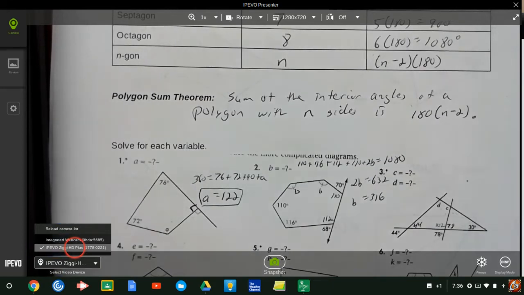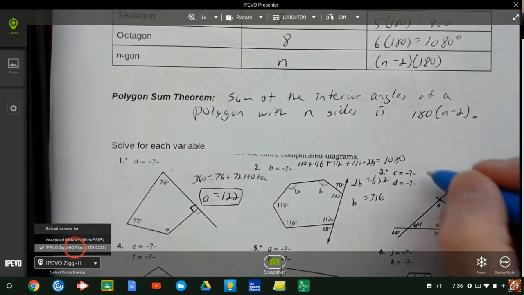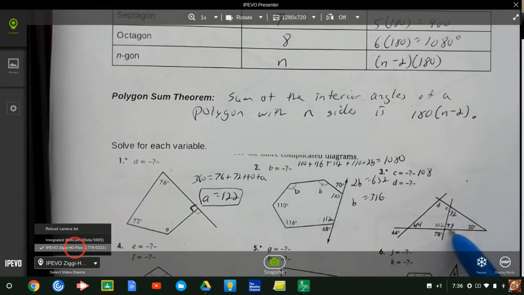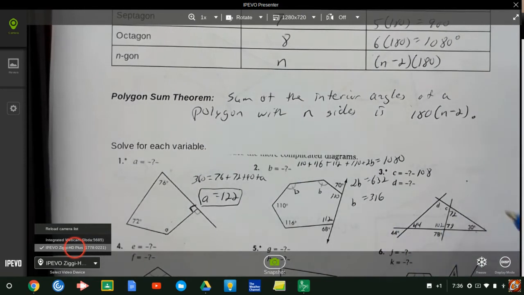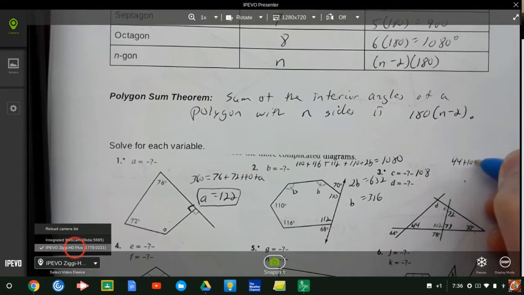When I take that from the 180, I get 72, which actually should have been easier because it's now an exterior angle. So C is 108, 78 plus 30, which means that my quadrilateral is 44 plus 102 plus 108 plus D to equal 360.